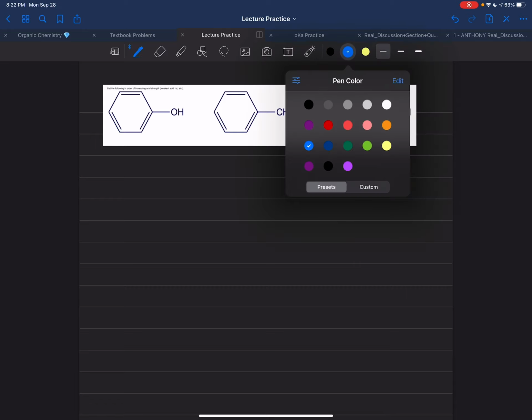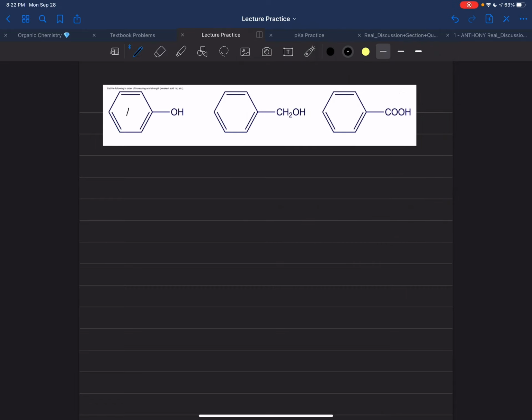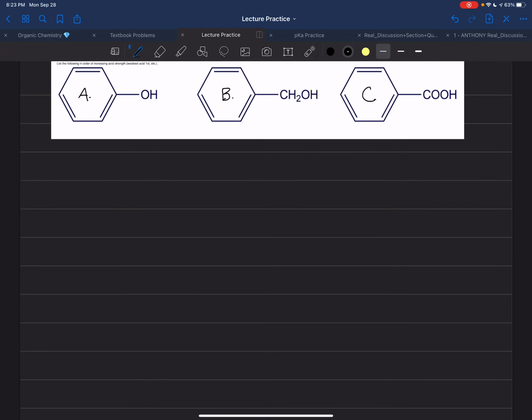and we're just going to say this is 1, this is 2, or you know what, because we are going to be ranking these, A, B, and C. Okay. Everything on these molecules is the same, except for when we look at these functional groups, right?